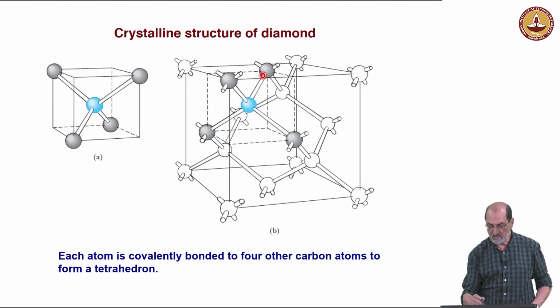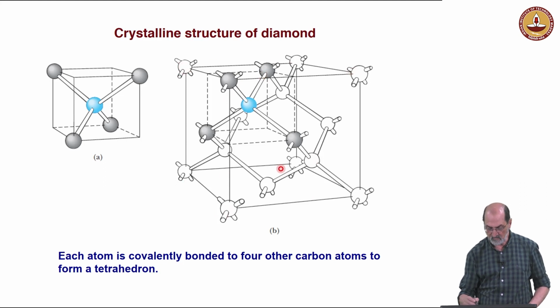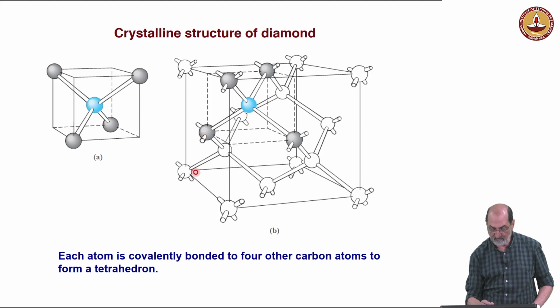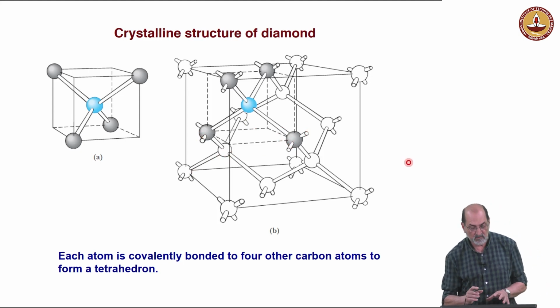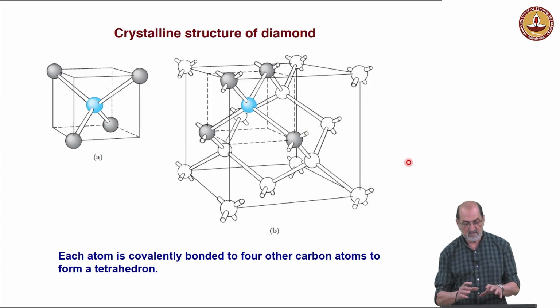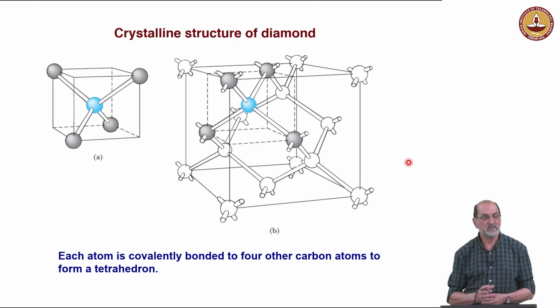But essentially, we have atoms in the corners, and here we have atoms in the center of the faces. And furthermore, we have other atoms in the middle of the cube. If we don't consider those, the rest of the atoms are going to form an FCC.